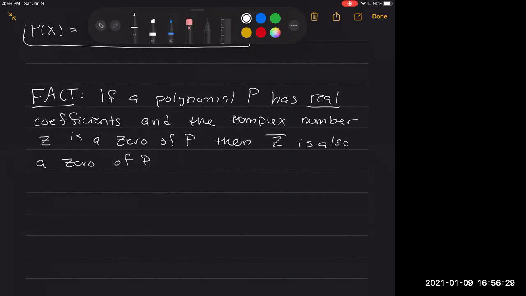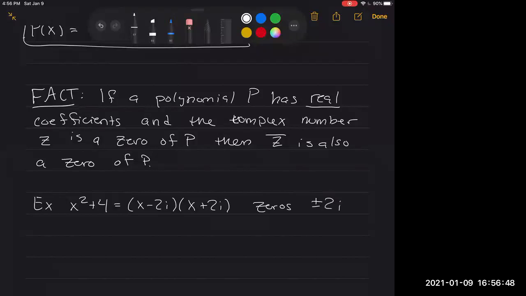And here are some examples of when this happened. If we have x squared plus 4, this gets factored into (x minus 2i)(x plus 2i), and so our zeros are plus or minus 2i.